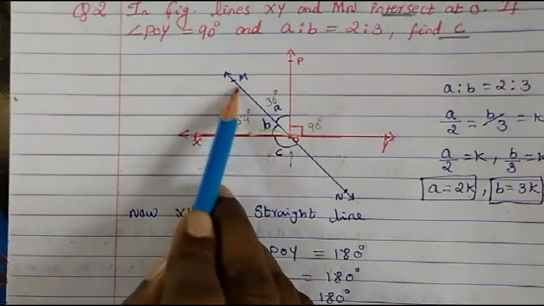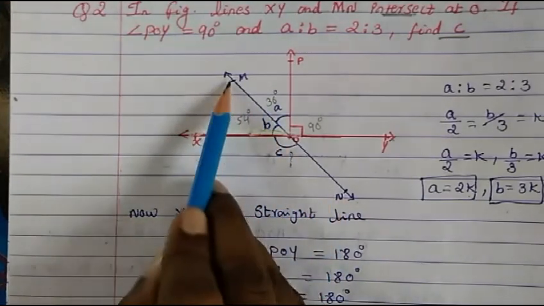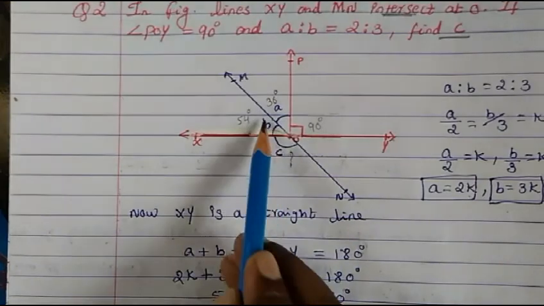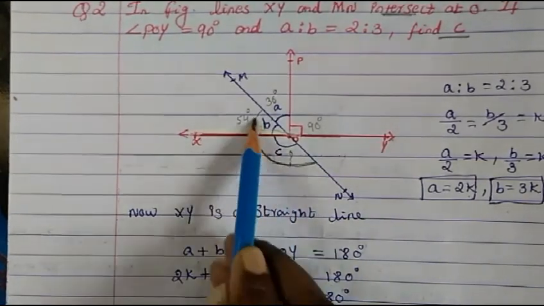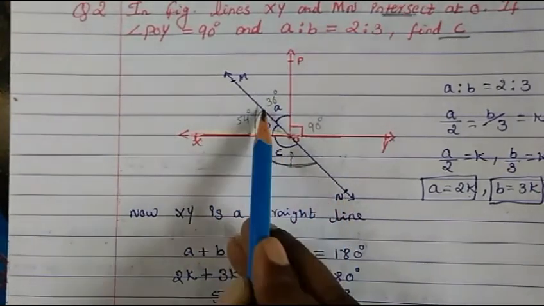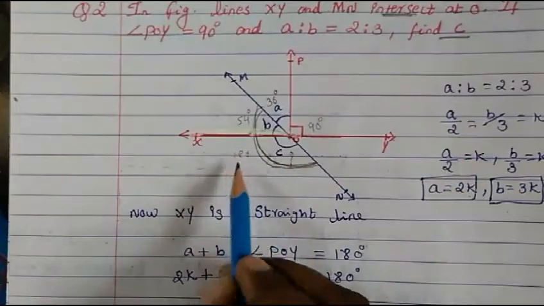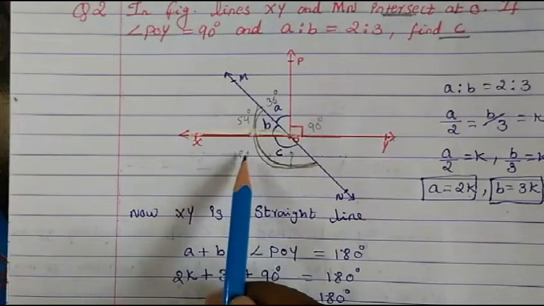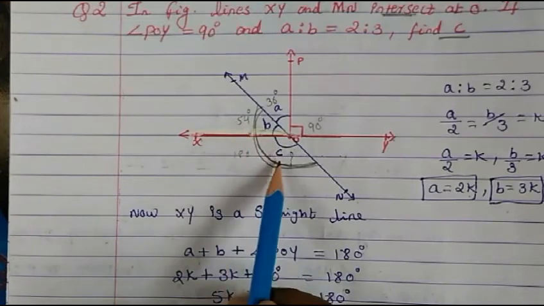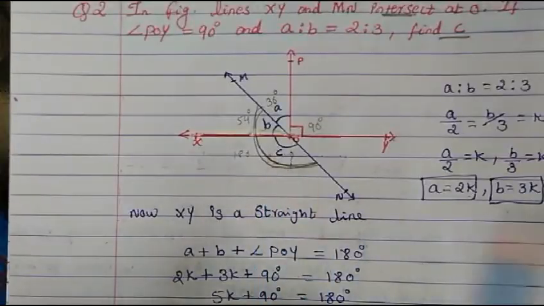If you see, MN is a straight line. So if this is a straight line, then don't you think this whole thing will be 180? In 180, we know the value of b, that is 54. So from 180, if you minus 54, the remaining will be c. So that's what we are going to do.